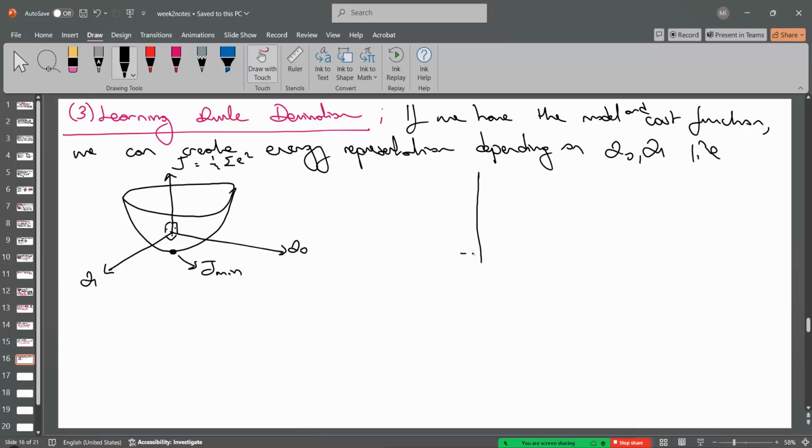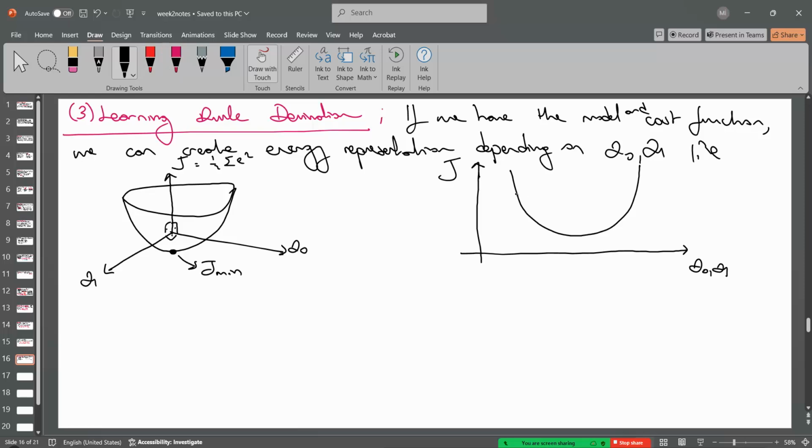In the representation of this three-dimensional vector, we can convert it to two dimensions. This is the J value, and we also have theta 0 and theta 1. If we look at the xy axis in here, this J function looks like this, right?